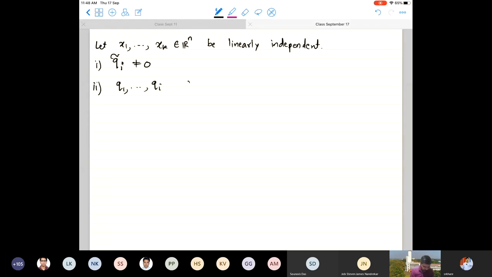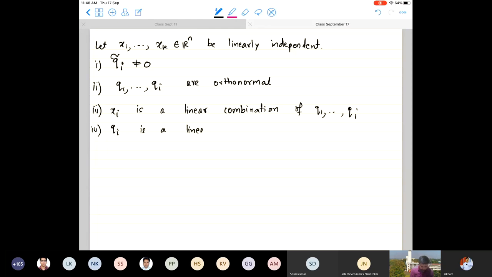Second, q1 up to qi are orthonormal. The third is xi is a linear combination of q1 up to qi, and the fourth property is qi is a linear combination of x1 up to xi. So this is something that is really very useful.